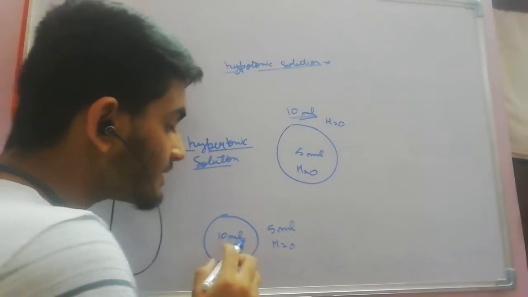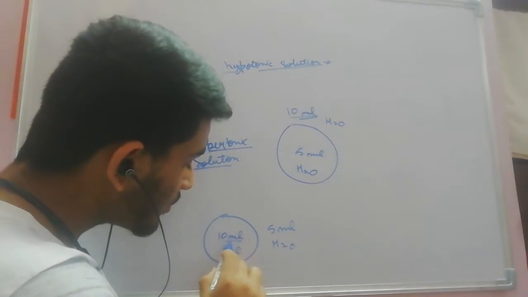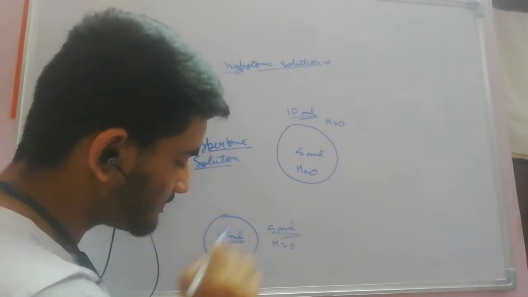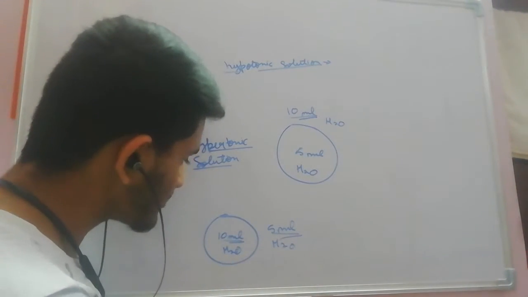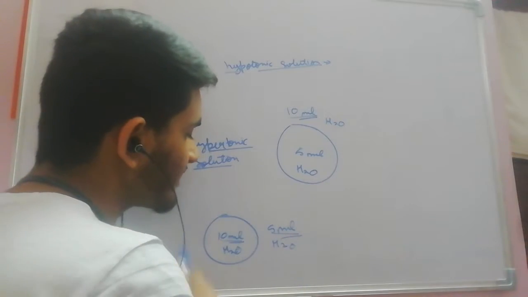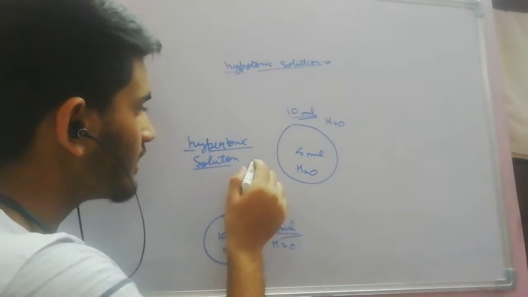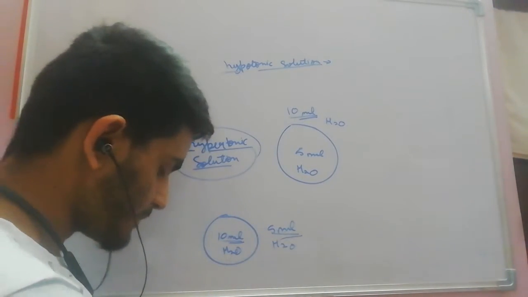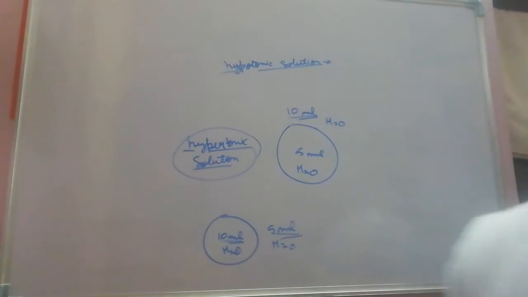In this case, the amount of water is more inside the cell than outside the cell. The cell has 10 ml of H2O and outside the cell there is 5 ml. So this type of solution is called a hypertonic solution.